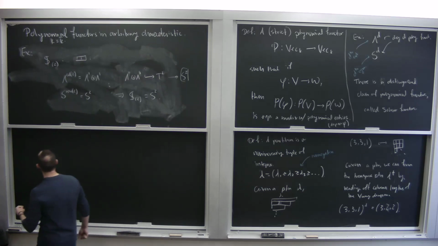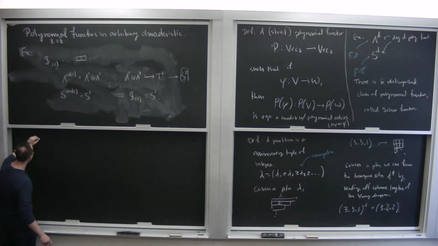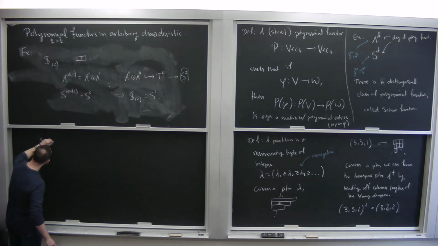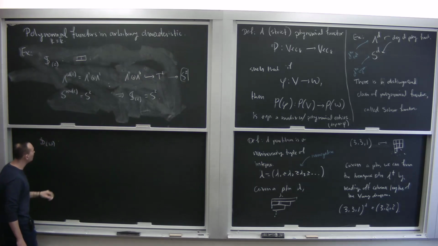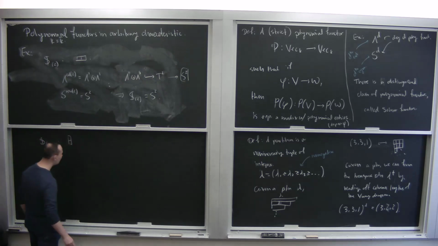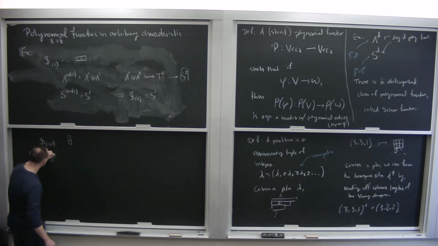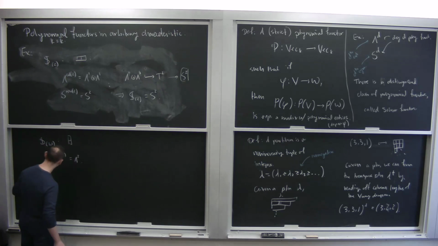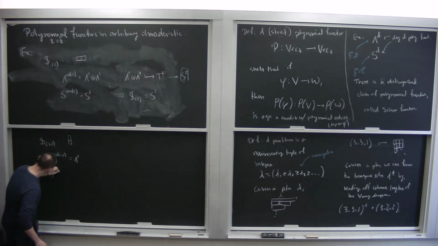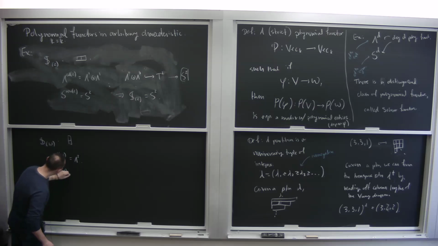And then likewise, for good measure, S_(1,1). In this case, the Young diagram that gives us the recipe is this one instead. If I look at wedge 2, sorry, I spoiled it. The columns of 1, 1 give exactly wedge 2. And if I look instead at the rows, this is just S1 tensor S1.